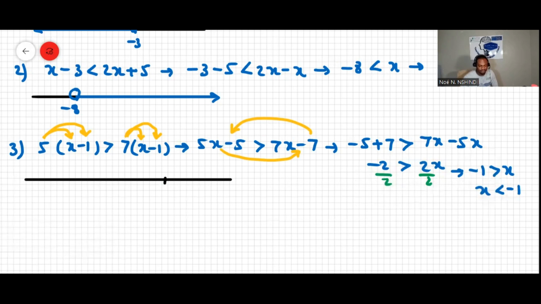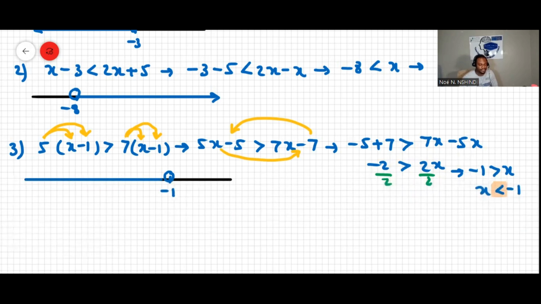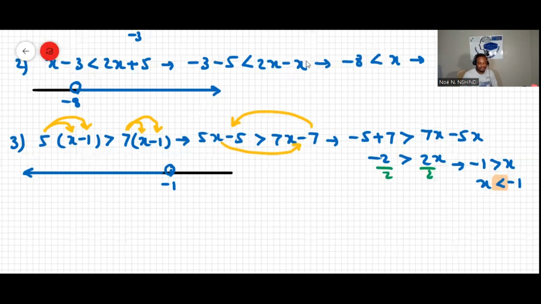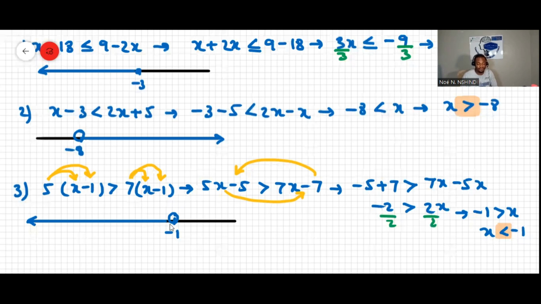So negative 1 there. And then because we're talking about lesser than, so over here we must put an open circle by negative 1, and then we can draw its x is lesser than negative 1. It means it's all these parts. Okay, yeah, all these parts are lesser than negative 1.